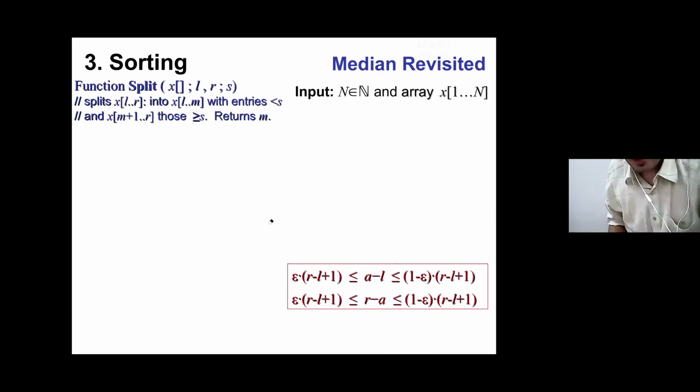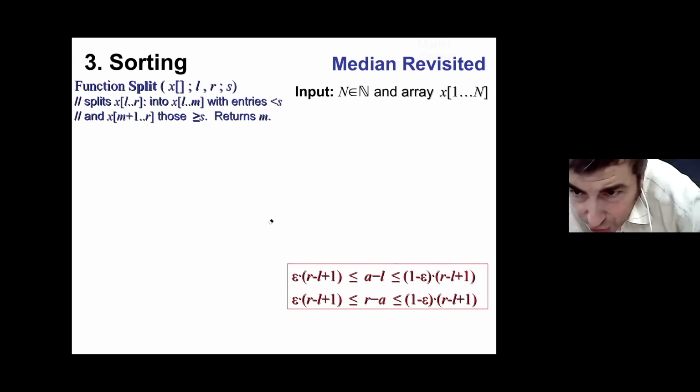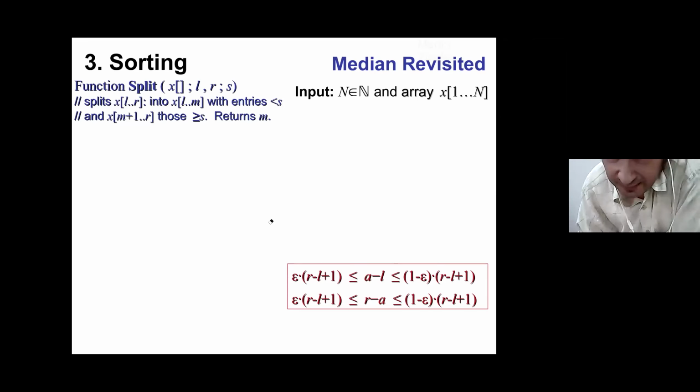And we'll talk now about the median revisited, which is the algorithm that you use to output a good pivot element S.